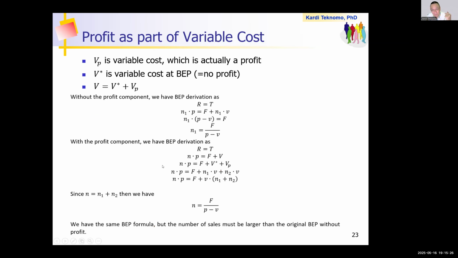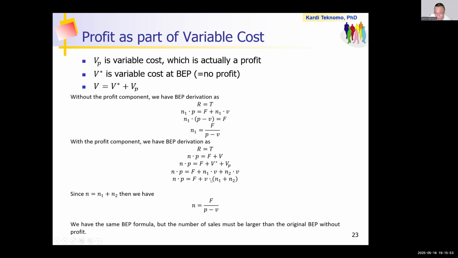But you can also put that as variable cost. In PEP analysis, what you want is actually to reduce the fixed cost. So in that case, what if we put that profit into variable cost? What will happen? Then the number of sales that you need to make becomes much higher.